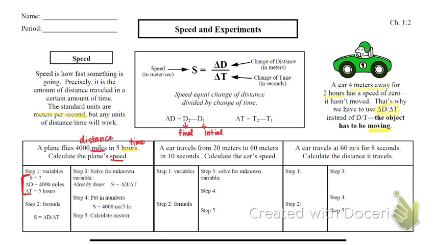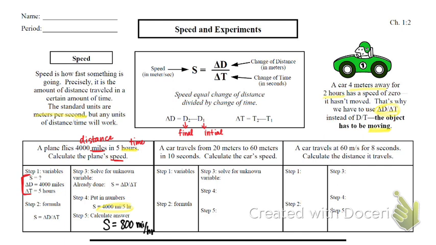And then our formula is speed equals distance divided by time. So they put that in here. What is 4,000 divided by 5? 800? And then our units this time was miles per hour. Okay?